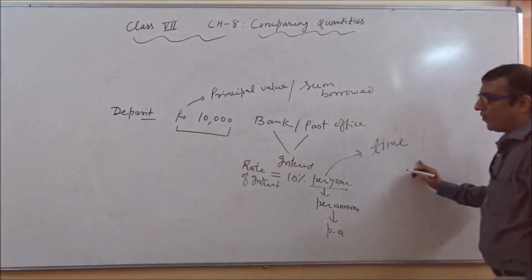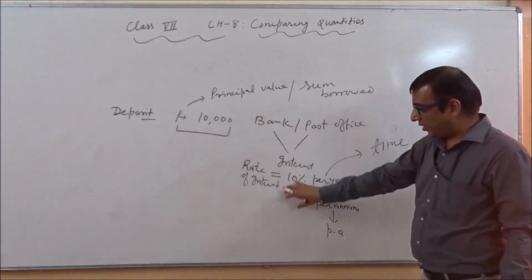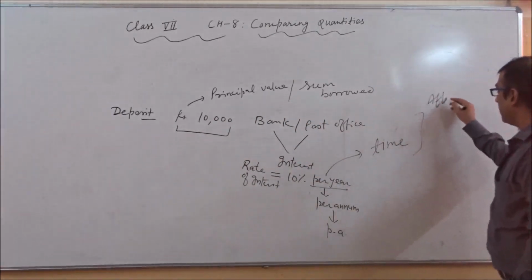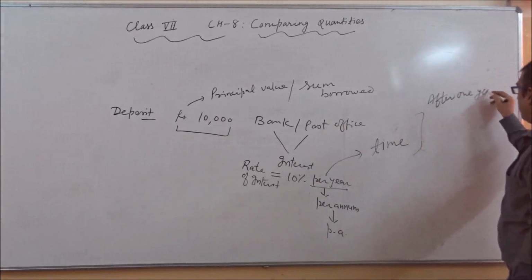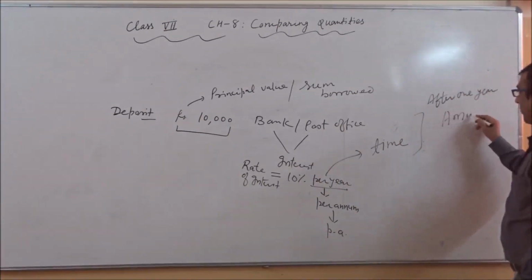So for example, if someone deposits 10,000 rupees in a bank at the rate of 10% for 1 year, after 1 year, what he or she will get is the amount.